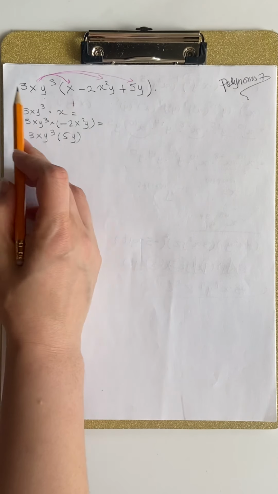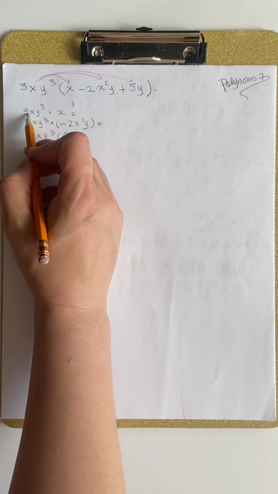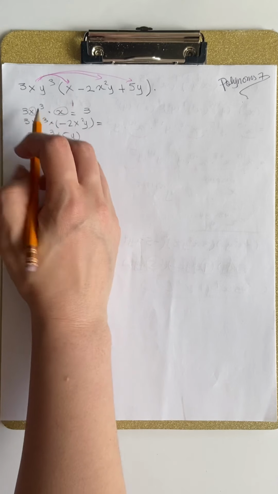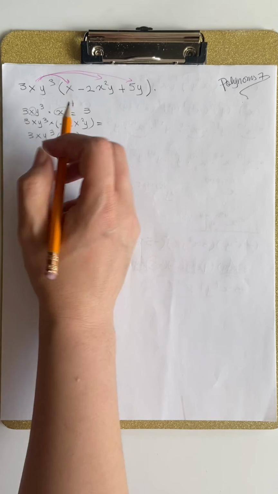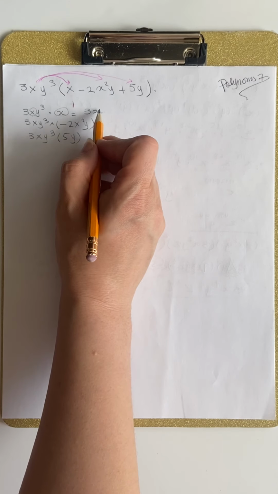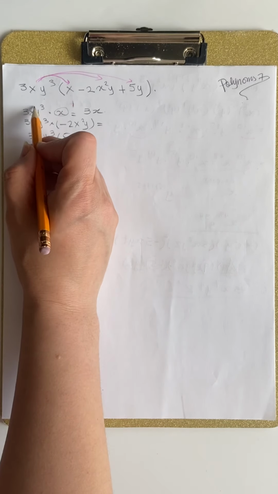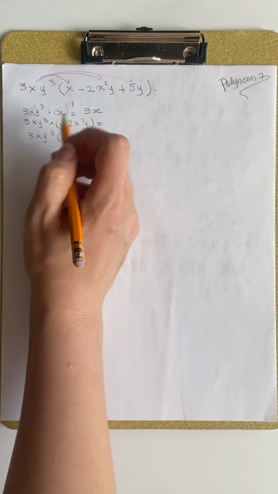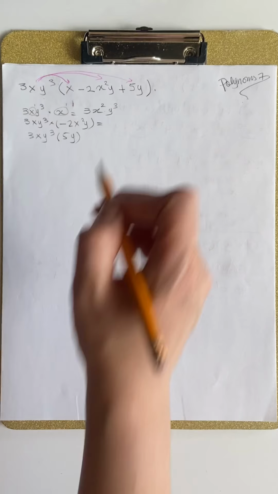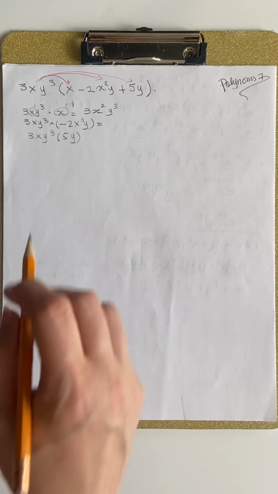So what is 3xy^3 times x? 3 is 3. x would multiply into x. We use the first rule. If the base is the same and we're multiplying, keep the base and add the exponents. What are the exponents for these two x's? 1 and 1. So what's 1 plus 1? 2. And y^3, because there's nothing else similar to that, right?